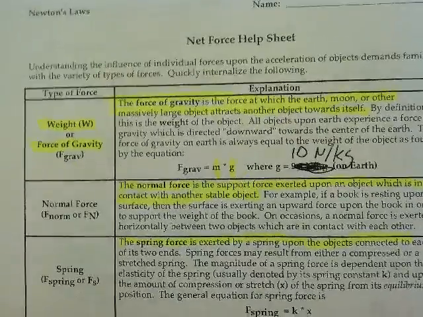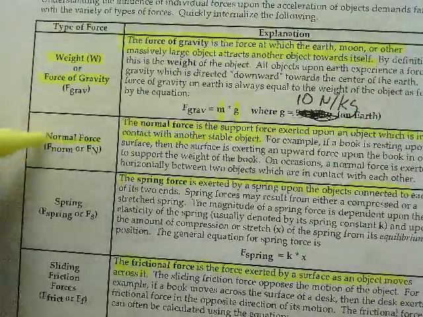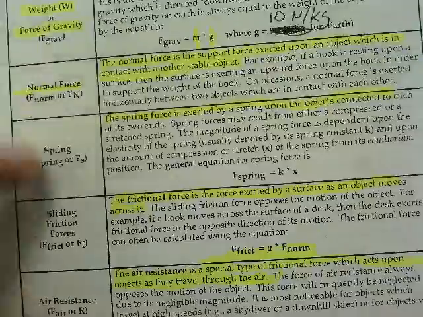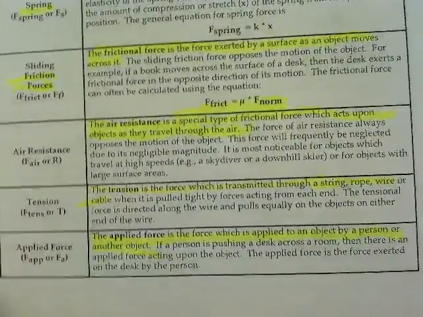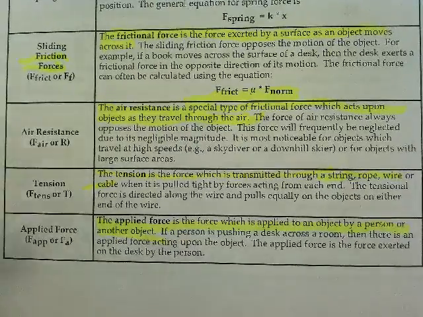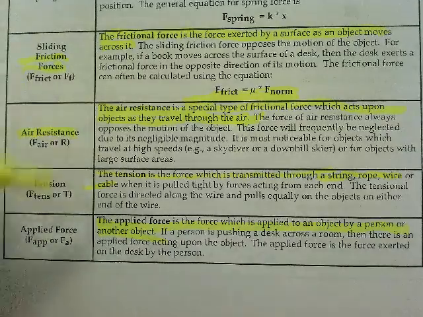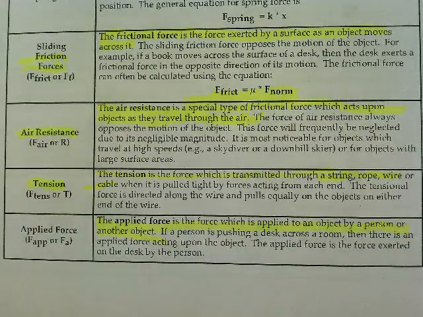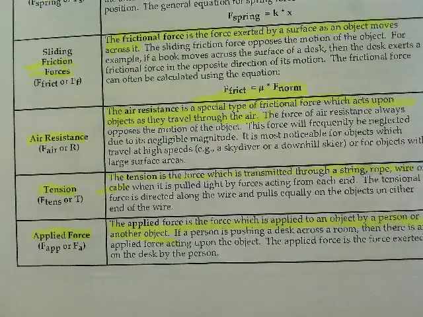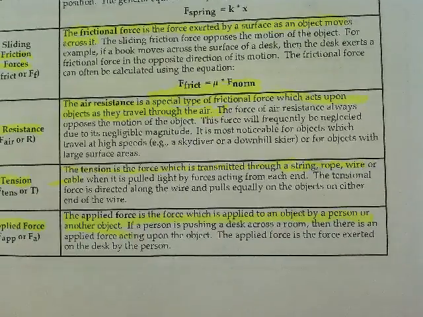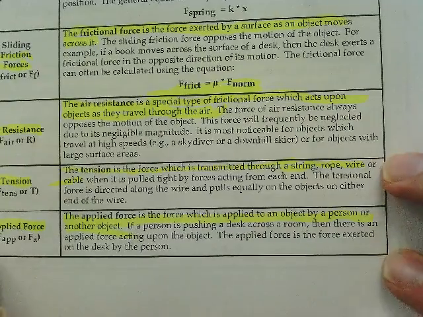So we have weight or gravity; normal force, which is when an object is on an object; spring force, which is force from a spring; friction, which comes when the object is sliding on a surface; air resistance, aka air friction; tension from a string, rope, or cable; or applied force, which is basically a force applied by a person or a thing or an object.